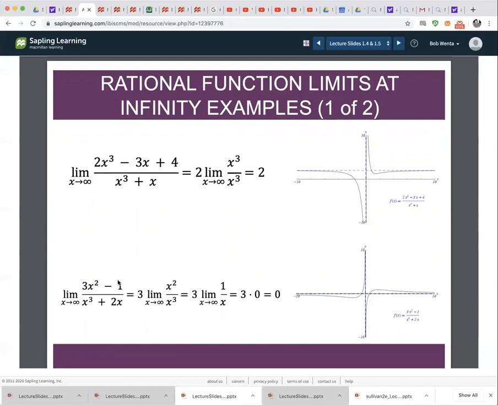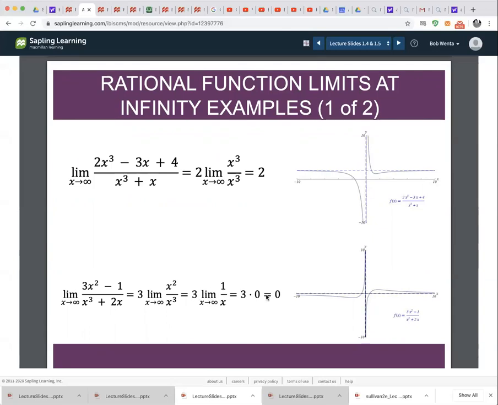And in this one, we've got the power larger on the bottom. Therefore, all you're worried about is the lead term. These fall away. Therefore, all you've got is the 3 out front times x squared over x to the third. That leaves you 1 left over on the bottom. That means this is going to 0.